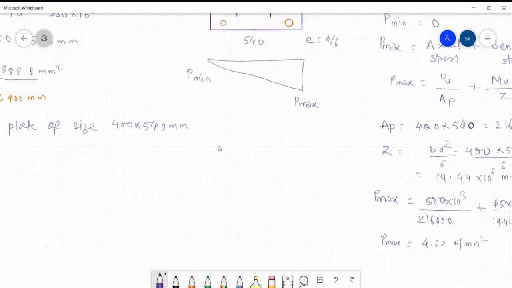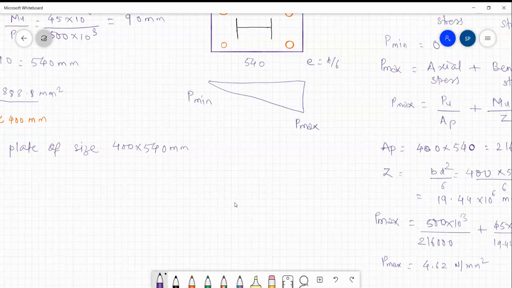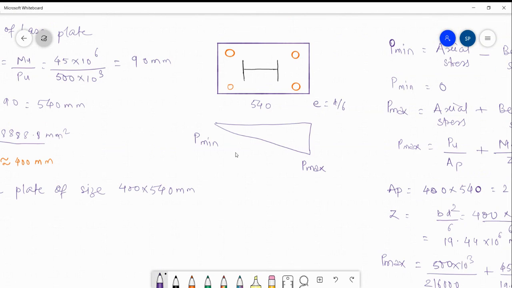Now to get the thickness of base plate, first you will have to locate the critical section. The critical section will be present at this level.